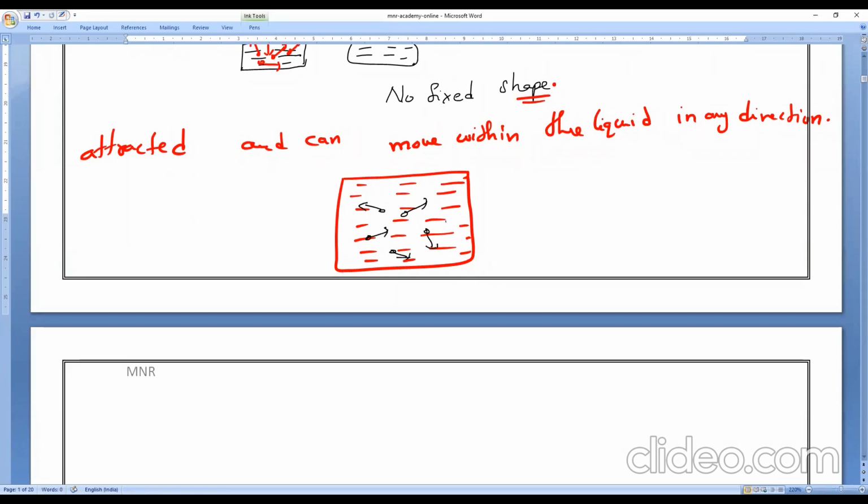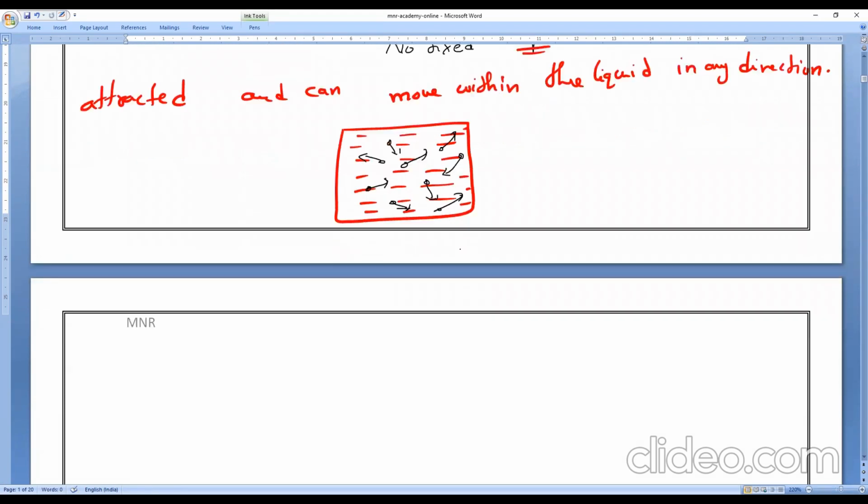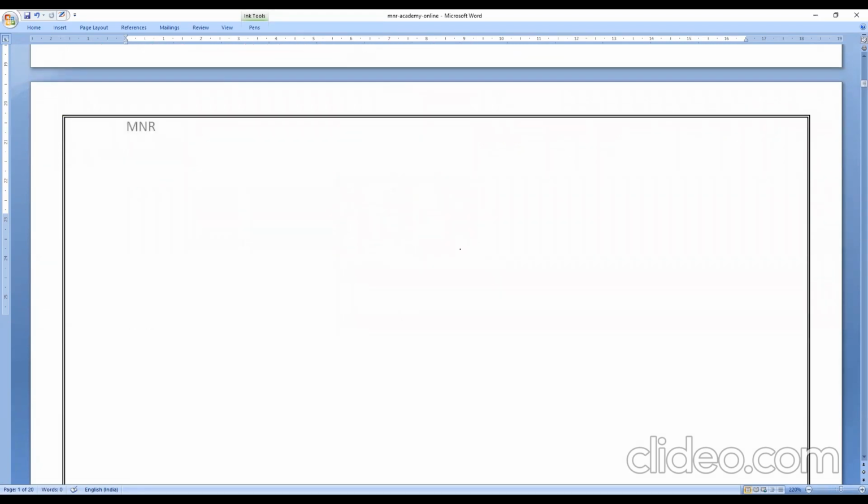So that is why they have a fixed volume, but they do not have what? They do not have a fixed shape. What is the first property? Second property, again: fixed volume. We know that they are almost incompressible in nature.